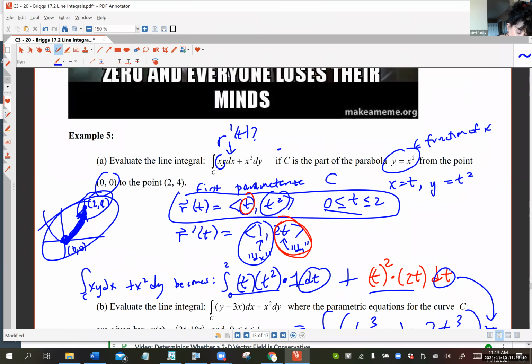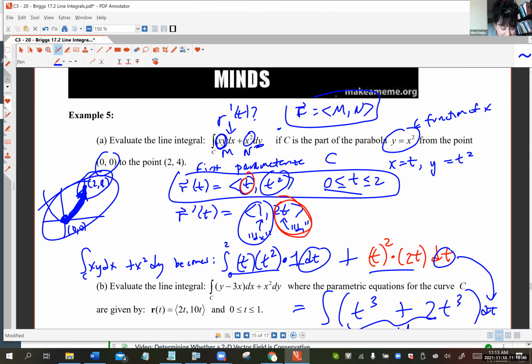The first term, the thing that's multiplying with the dx, that is the M component for your vector field. It's understood. And then whatever is multiplying with your dy, in this case x squared, that's understood to be the N, or the y component of your vector field. So your vector field, remember, has components M, N. Now our textbook, I think they use P, Q, whatever.